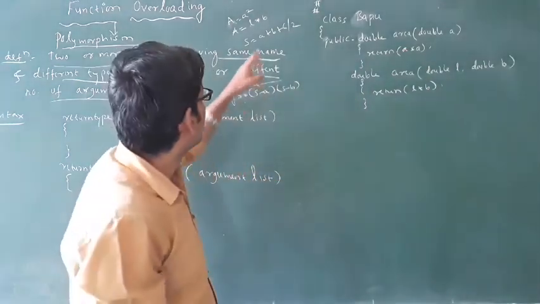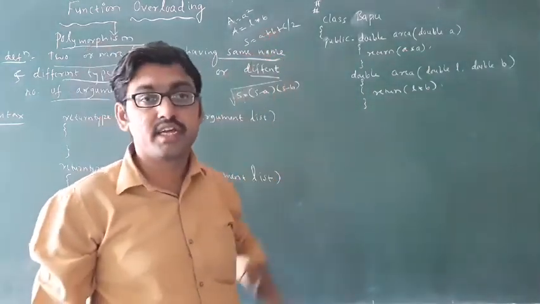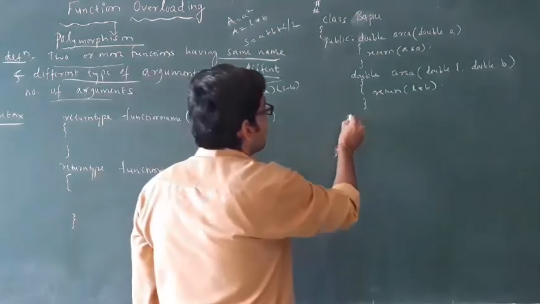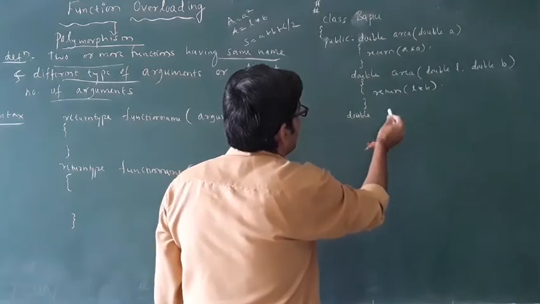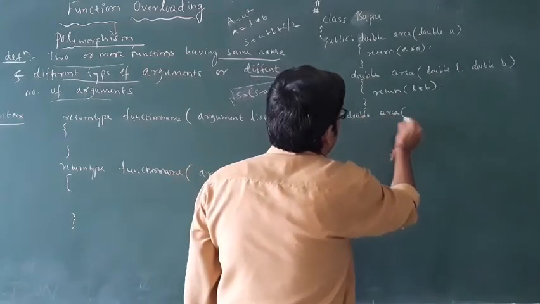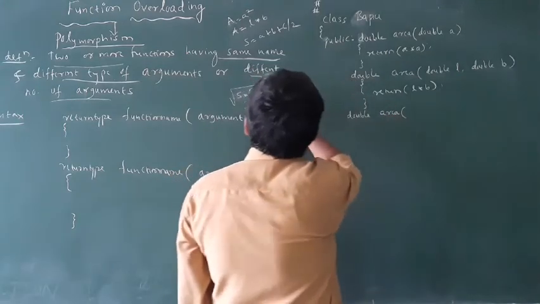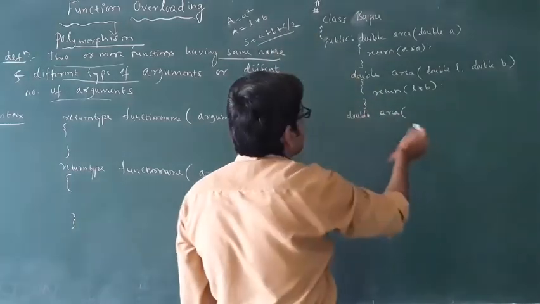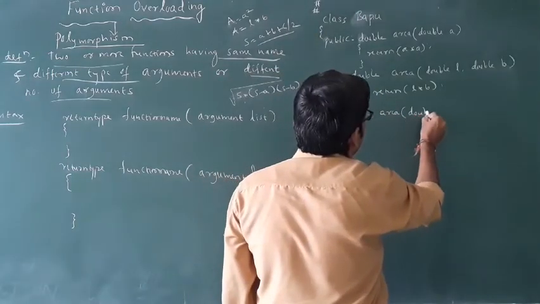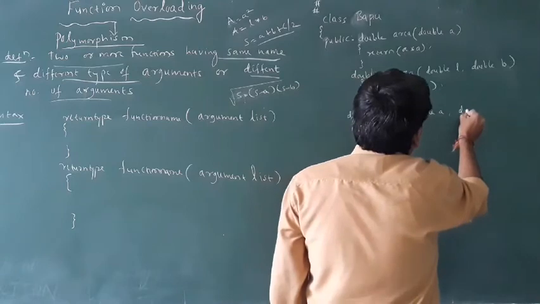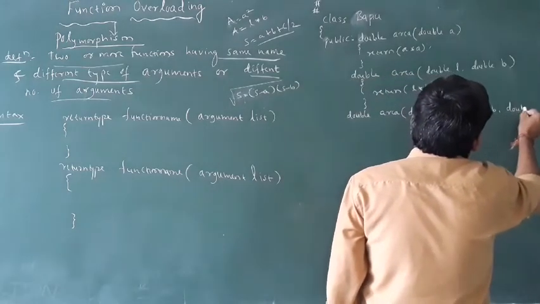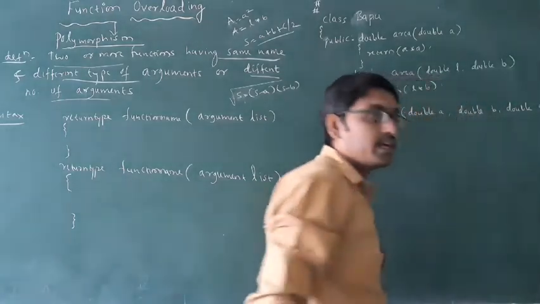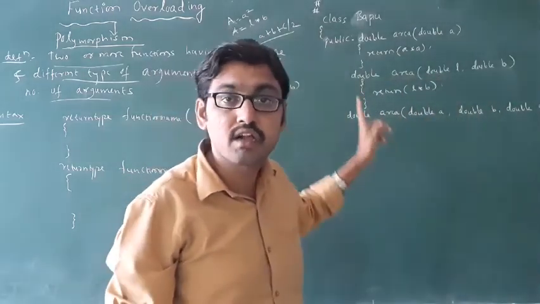Next, there is another one, area of triangle. How to write the area of a triangle? Double area. There are 3 sides, A, B, C. We want at least 3 arguments. I am writing double A, double B, double C. Otherwise, instead of double, you can take int also, no problem.